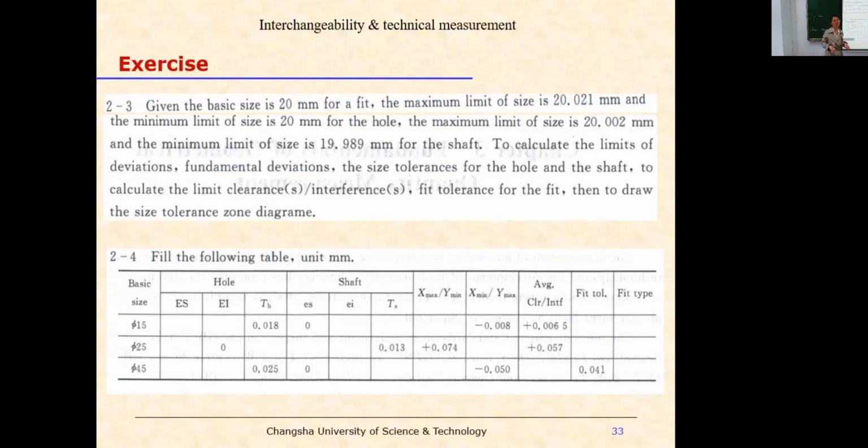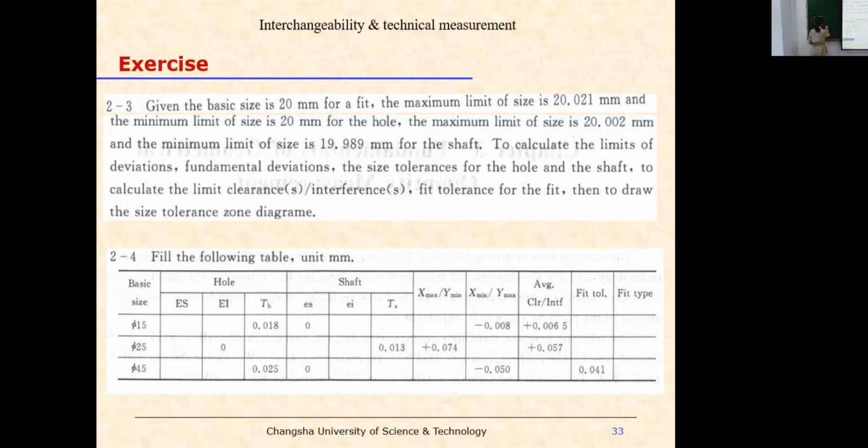If we express it with the upper deviation and the lower deviation, TH equals ES minus EI, right?